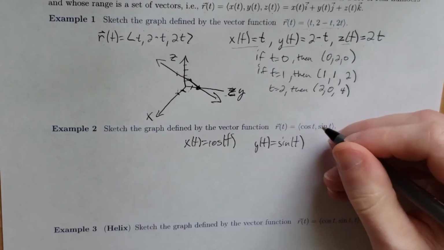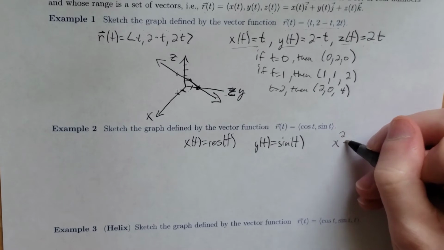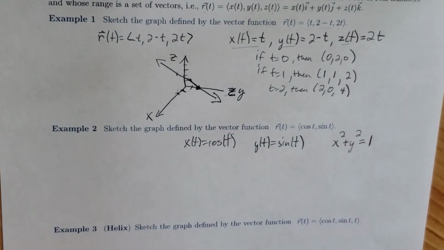We have an equation, x squared plus y squared is equal to 1, which is our unit circle.